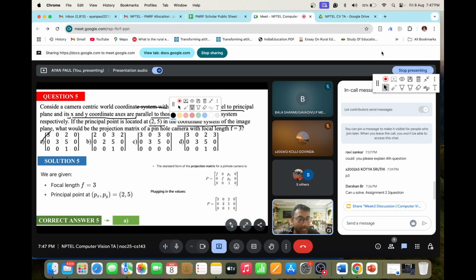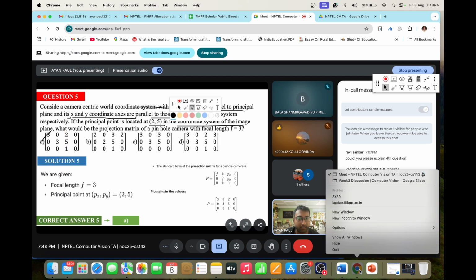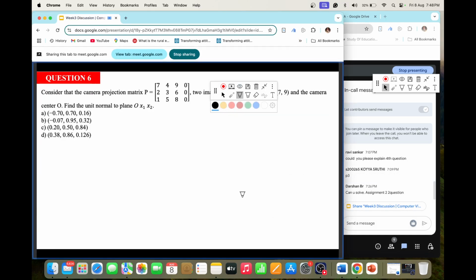Shifting of the world coordinate has not taken place, so just the projective camera matrix will be taken from that, just the offset of the principal point, and that is f 0 px 0, 0 f py 0, 0 0 1 0. F is given, px py is given, just plug in the values and we will get the matrix. Okay, and that is option A. So is it clear? Okay, nice. So let's move on to the next question.